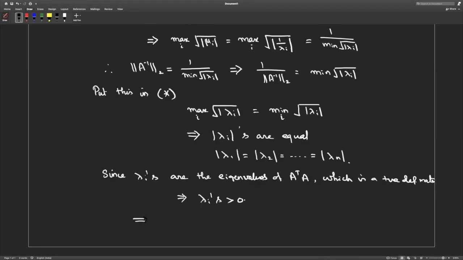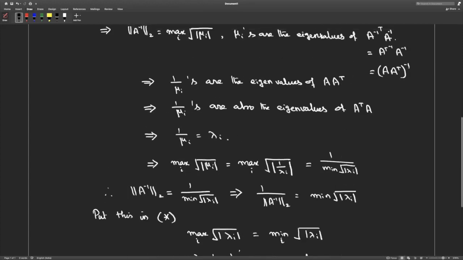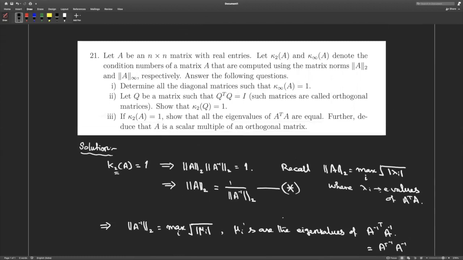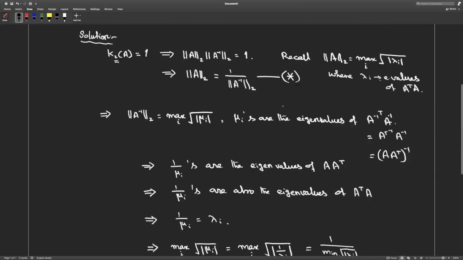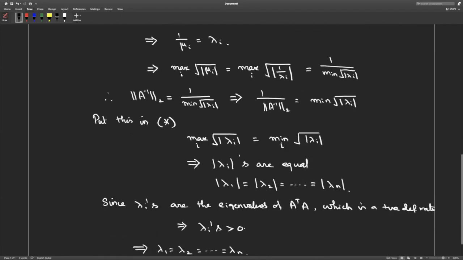That implies lambda 1 is equal to lambda 2 equal to so on till lambda n. So this is what we have to show, that all the eigenvalues of A transpose A are equal. This is what was asked for us to prove, and we have proved it.